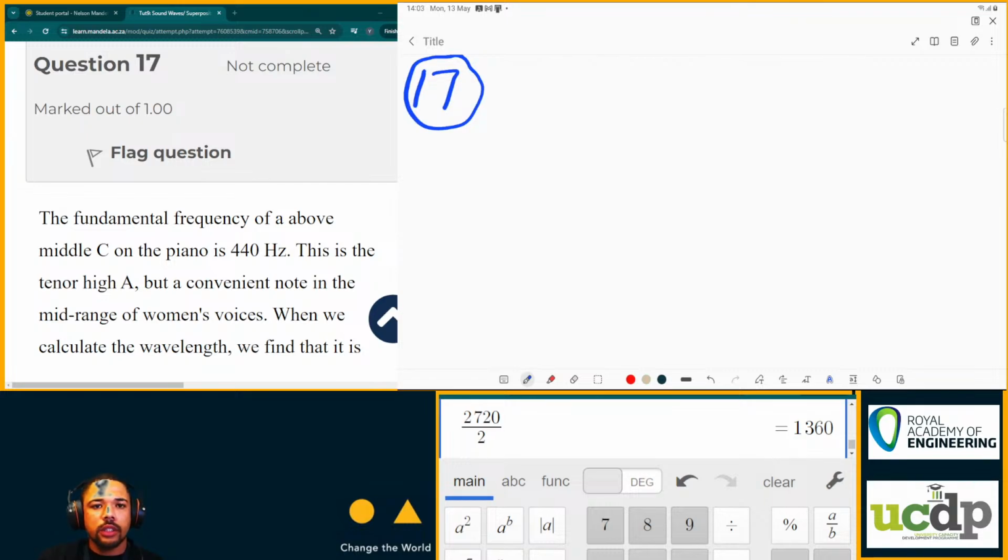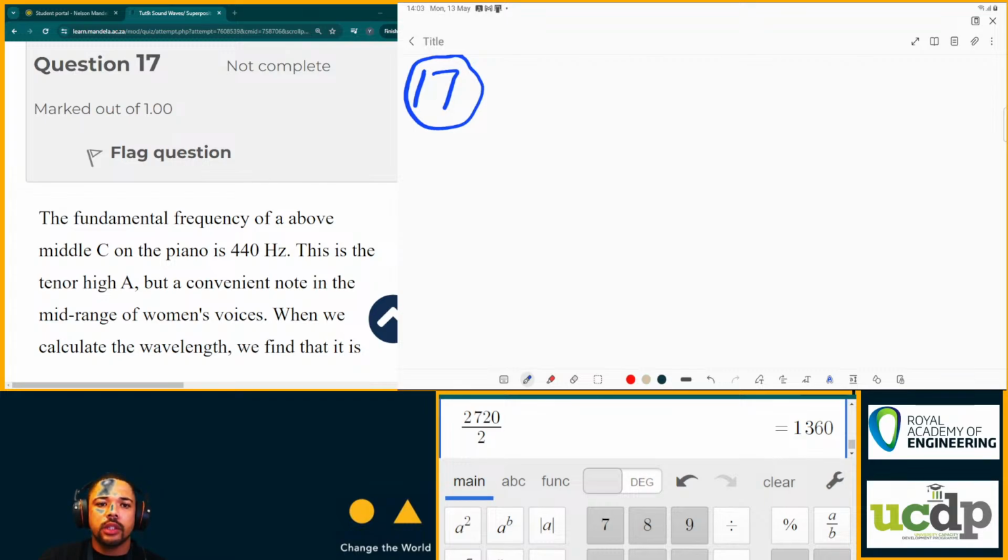So question 17 asks the following. The fundamental frequency of A above middle C on the piano is 440 Hertz. This is the tenor high A, but a convenient note in the mid-range of women's voices.